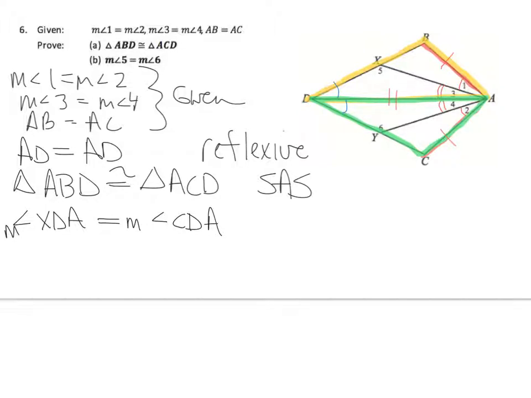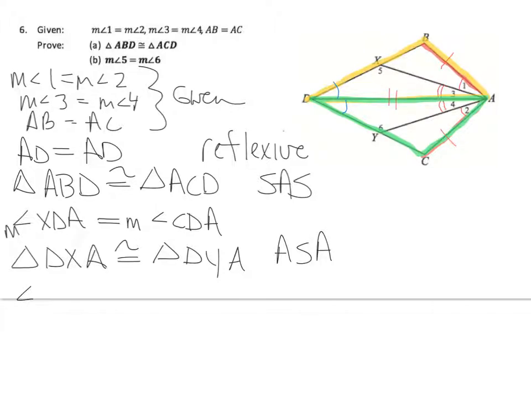These two angles are congruent. So now I can say that triangle DXA is congruent to triangle DYA. If you look at it, DXA is congruent to DYA because of angle side angle.